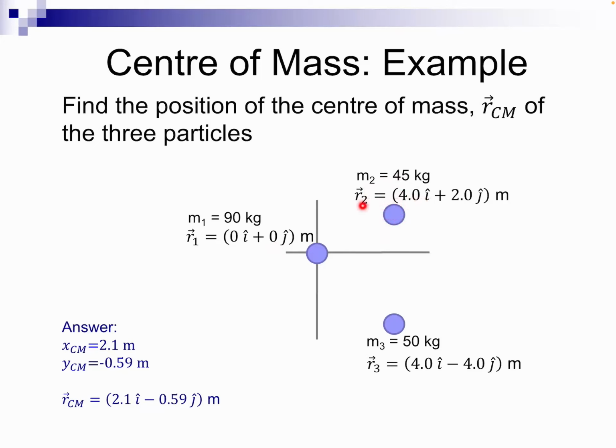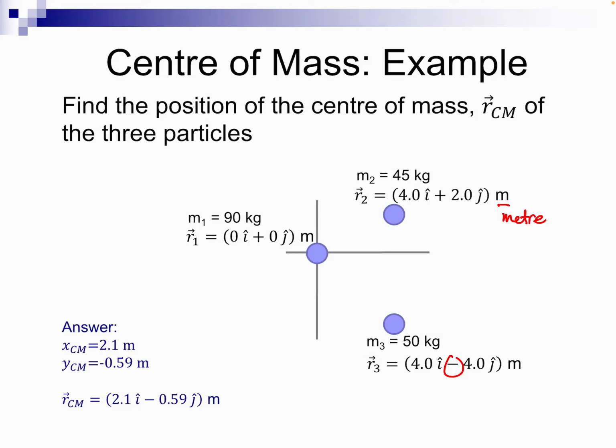The position coordinates are 4 i hat meters plus 2 j hat meters. So 4 meters to the right and 2 meters upwards is the position of R2. R3, 50 kilograms, its position is 4 meters to the right and 4 meters below the origin. That's why you have a negative sign here.